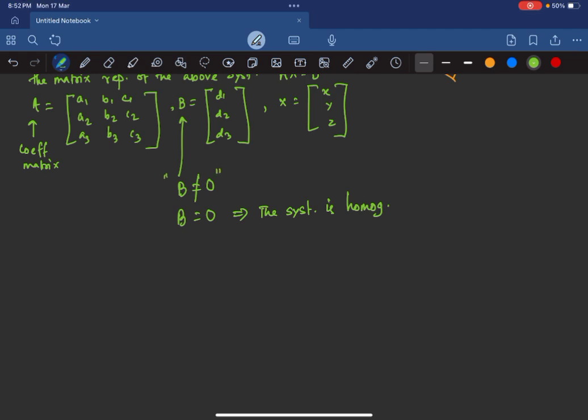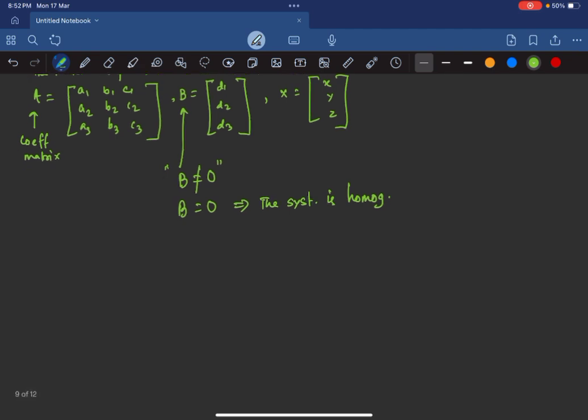For the time being, we are taking B not equal to 0, that means we are interested in a non-homogeneous system.